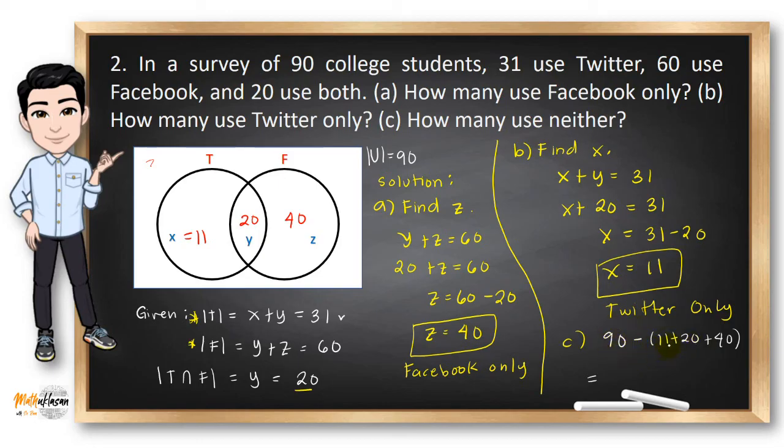I just place them in a group symbol. So it's just 90 minus 11 minus 20 minus 40. So the answer is what? Yes, the answer is 19. So there are 19 students who use neither Facebook nor Twitter. And in the Venn diagram, 19 can be placed here outside the two circles.